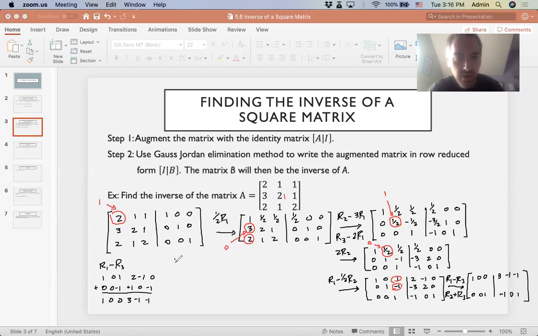And now R2 plus R3: 0, 1, -1, -3, 2, 0, plus 0, 0, 1, -1, 0, 1. That is 0, 1, 0, -4, 2, 1.